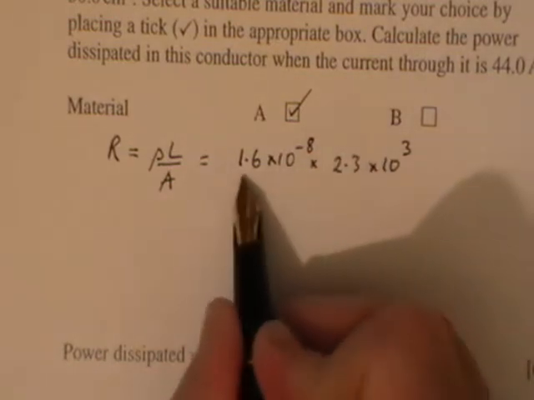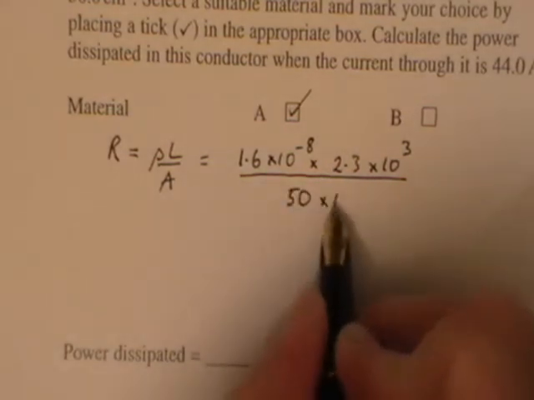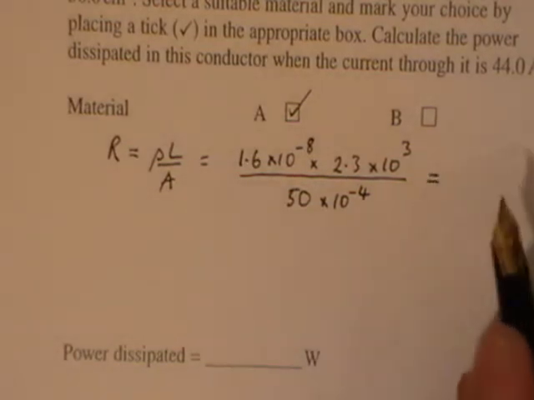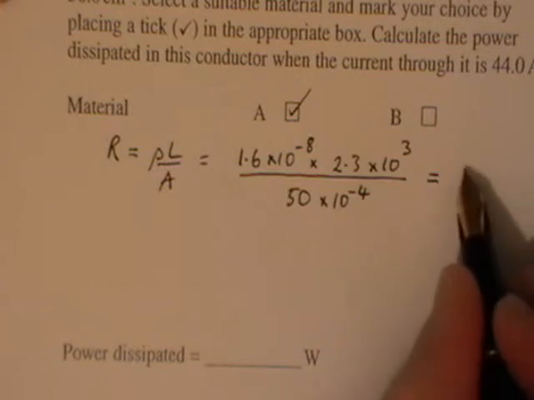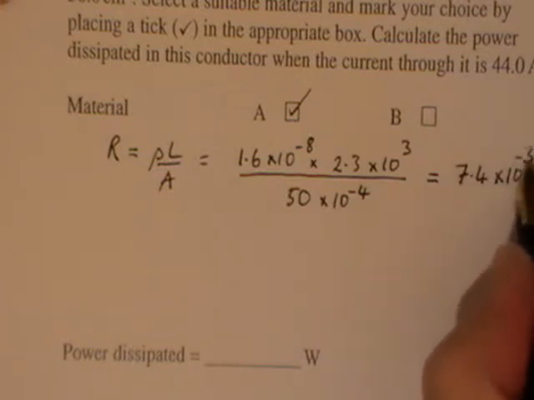We need to be careful there, because it's 50 centimeters squared, so that's 50 times 10 to the minus 4 meters squared. When we multiply that out and calculate it, it turns out to be 7.4 times 10 to the minus 3 ohms.